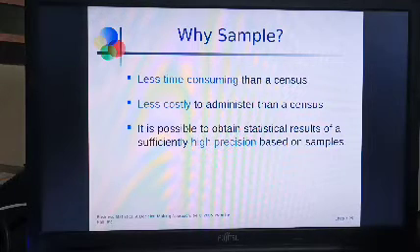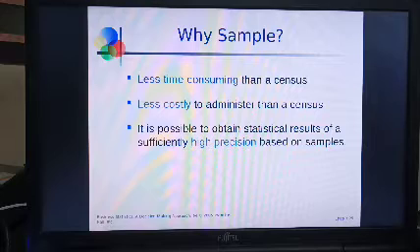While sampling is less costly to administer than a census. And with the help of statistical measures, statistical processes, it is possible to obtain statistical results of a sufficiently high precision based only on samples, based only on a small subset of the population.